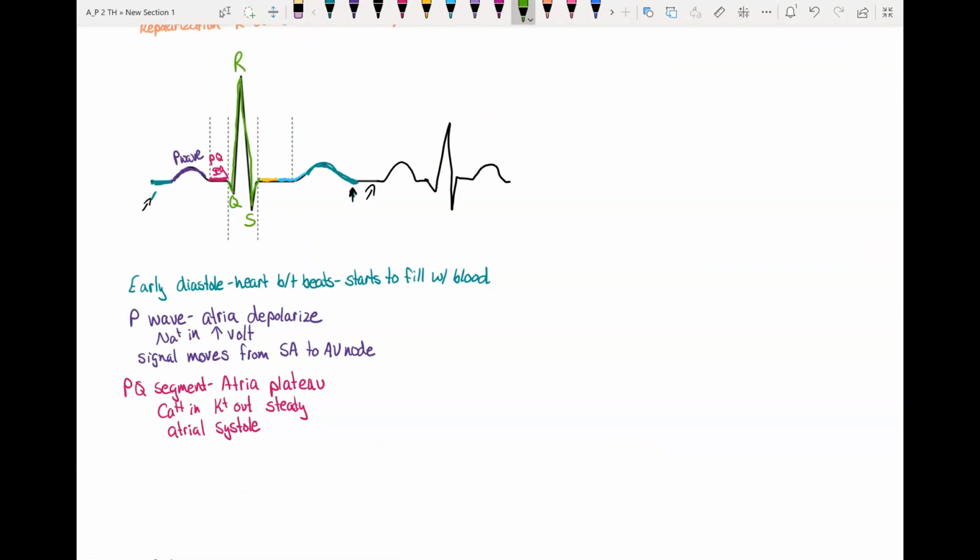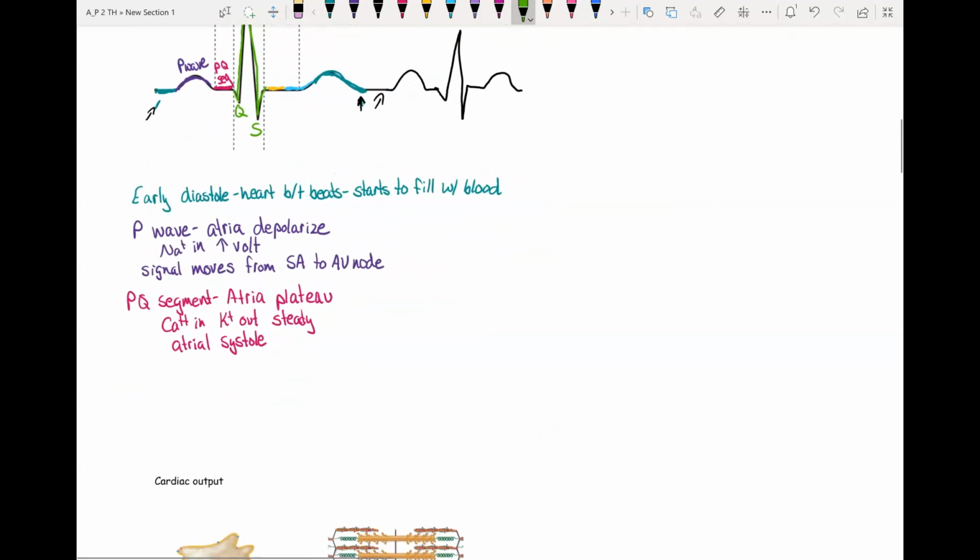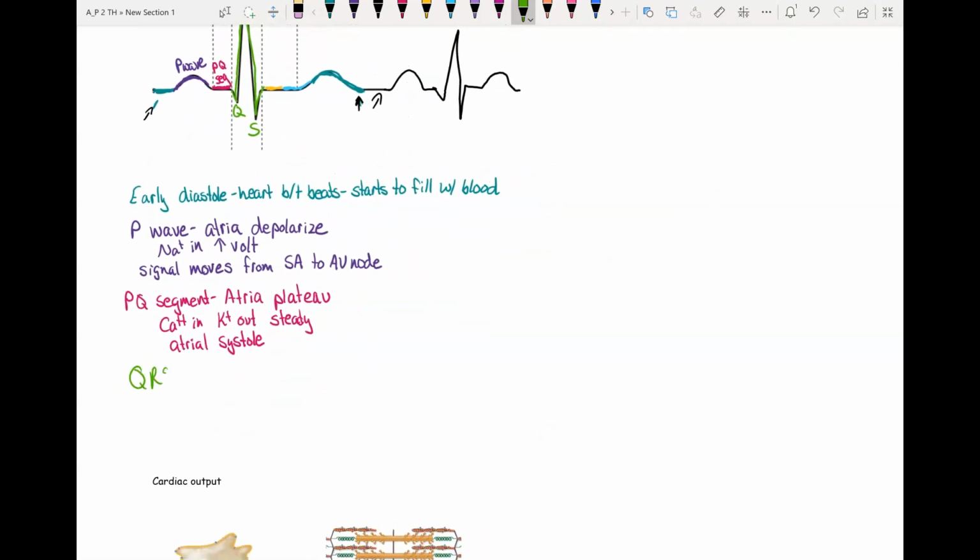So this is called the QRS complex. This is when the ventricles depolarize. So now in the ventricles you have sodium in and voltage going up.